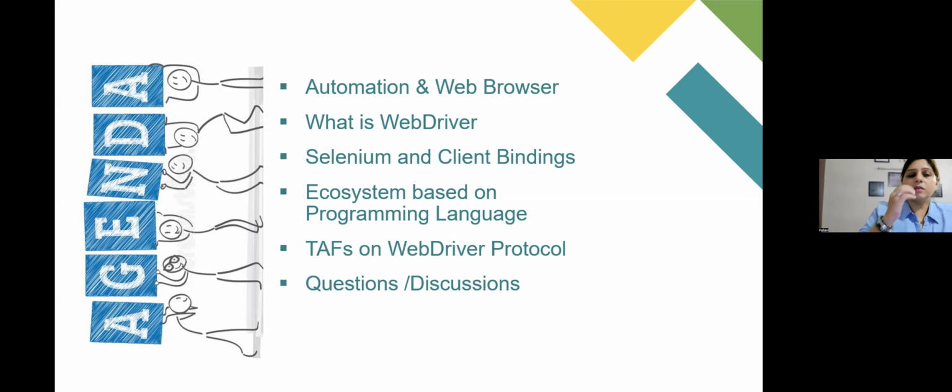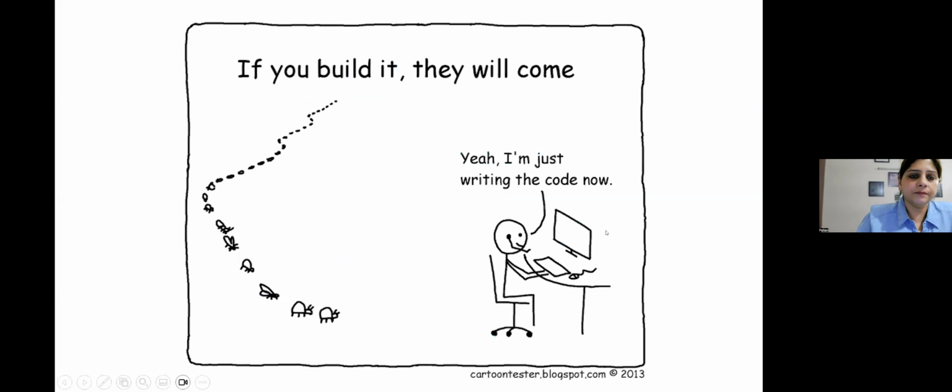Where in all of this does Selenium come into the picture, and what are the various other open source projects made available as client bindings, based upon the WebDriver protocol, which we can use because they provide us with a boilerplate platform for our test automation purposes. And then we will have question and answers in the end.